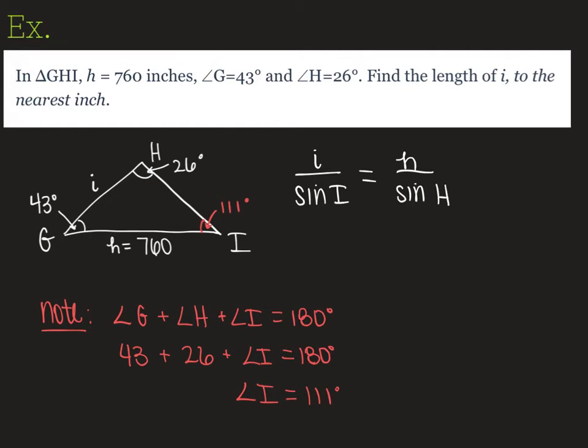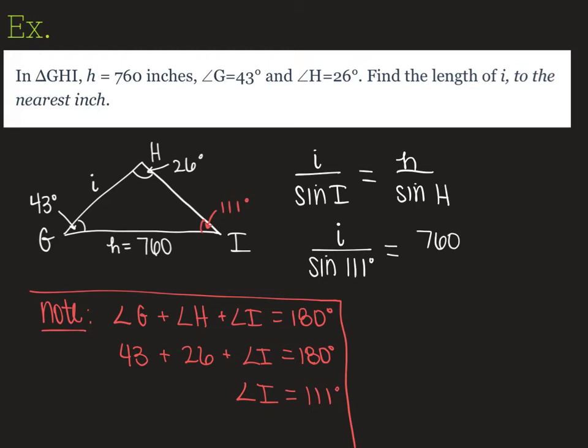Okay, so let's fill in what we have. I'm going to block this off so we know that's not part of our problem here. We don't know what little i is, we're trying to find it, and then we're going to have the sine of 111 degrees. We have little h is 760, and then we're going to have sine of 26 degrees.